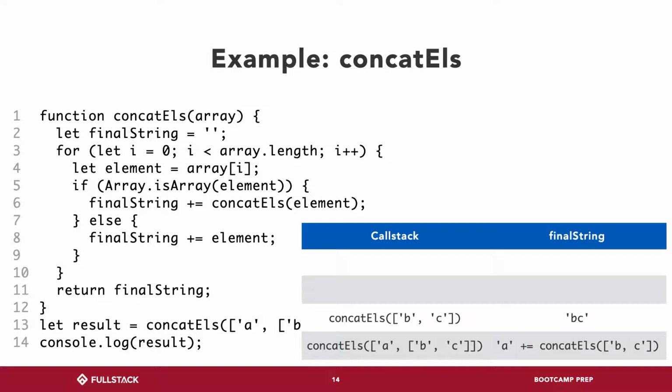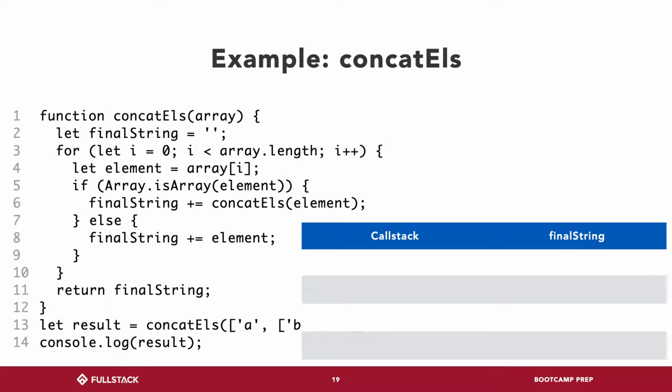A is plus equals to the return value of concat with an array with B and C. So we've just established that the return value of that is the string BC. So here, A is plus equals to BC. So the final string is ABC.